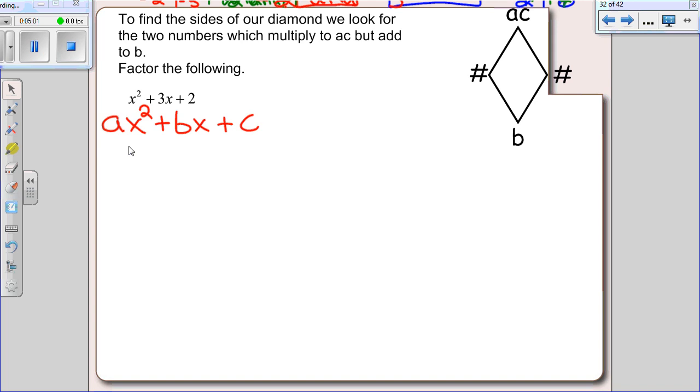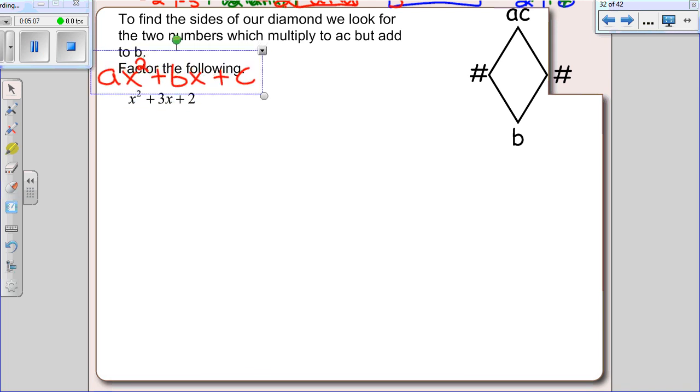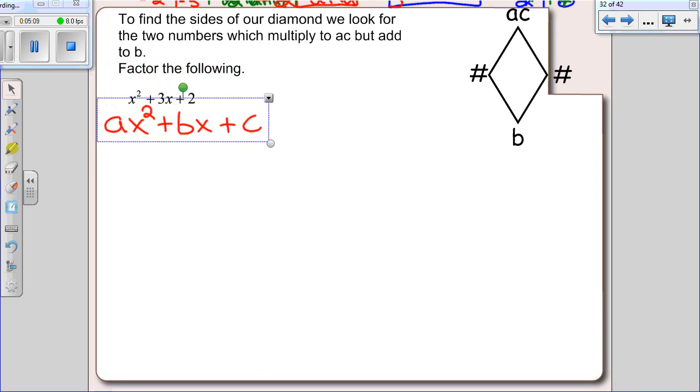To factor a trinomial, you have to know this ax squared plus bx plus c. And you have to be able to look at your question and recognize which one's a, which one's b, which one's c. So for this question that's right in front of us, what would b equal? b would equal 3.